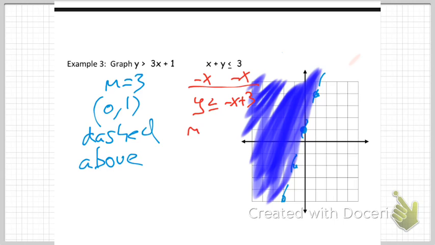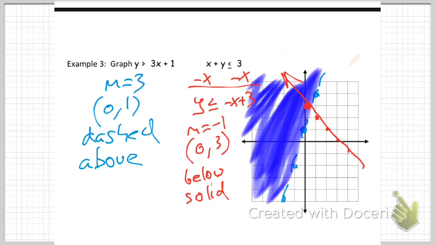So in this equation, my slope is -1. My y-intercept is 3. I'm going to shade below. And this is going to be a solid line. So let's start at 3, and I'm going to go down 1, right 1. Solid line. And I'm going to shade below.